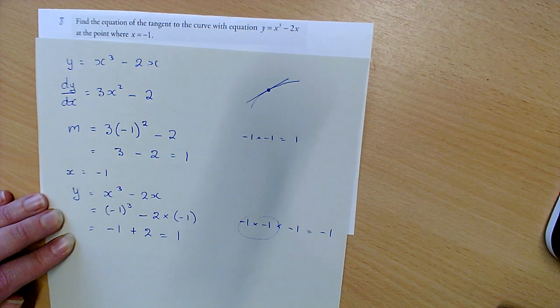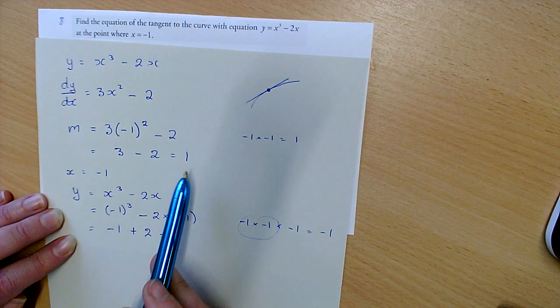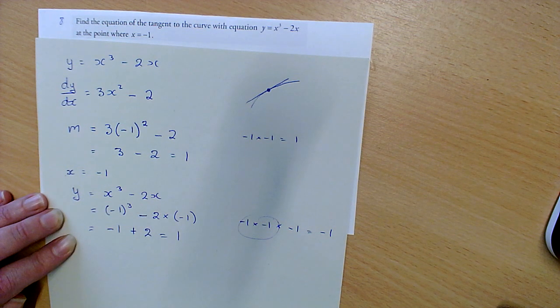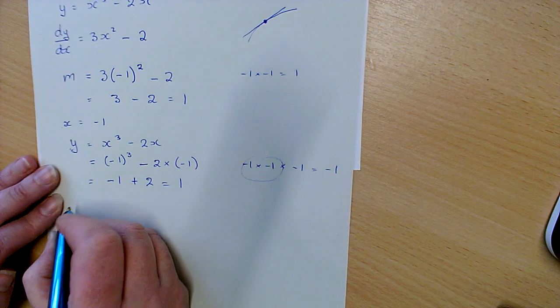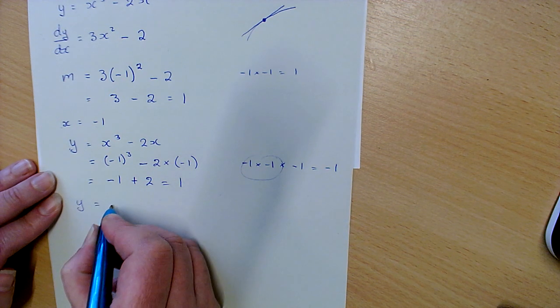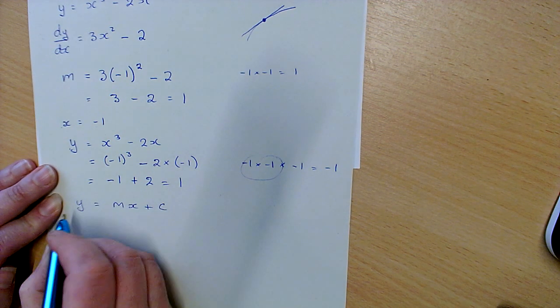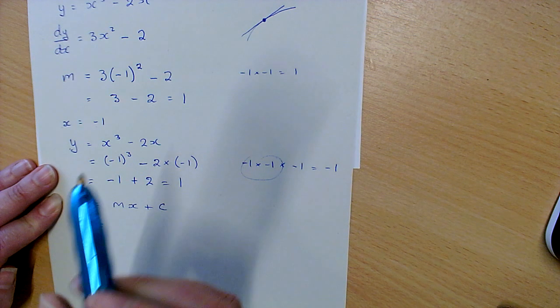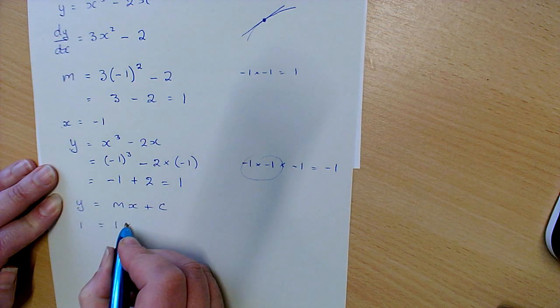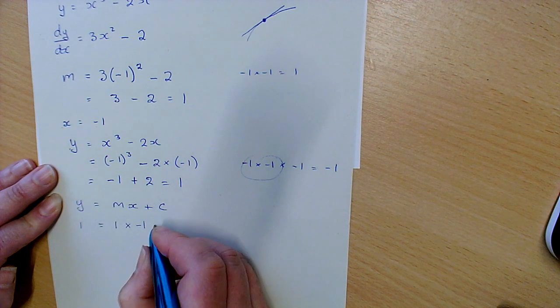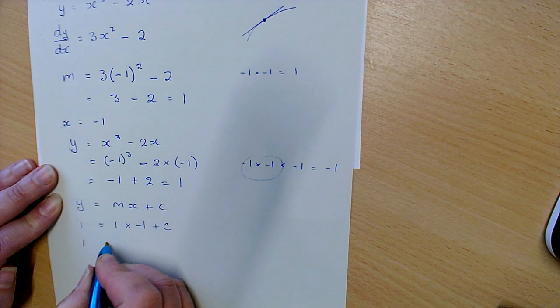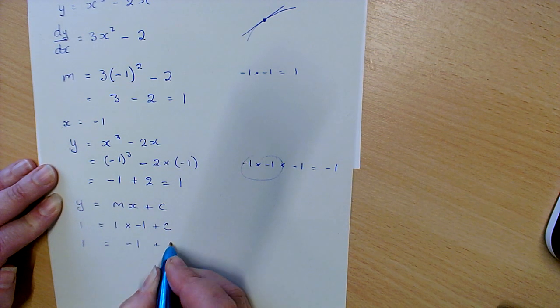So what we have now is a gradient of 1, an x coordinate of minus 1, a y coordinate of 1. So y equals mx plus c. y equals 1, m equals 1, times minus 1 plus c. 1 equals negative 1 plus c.